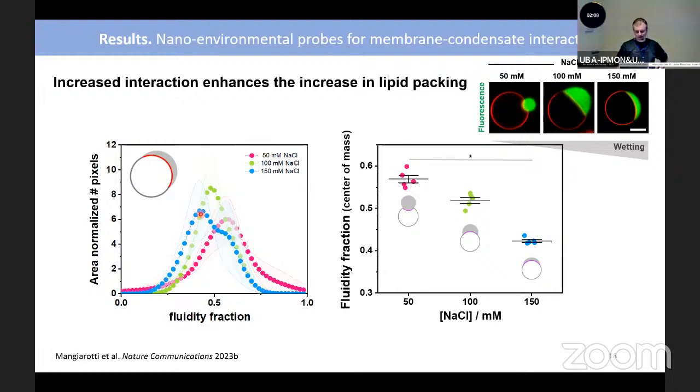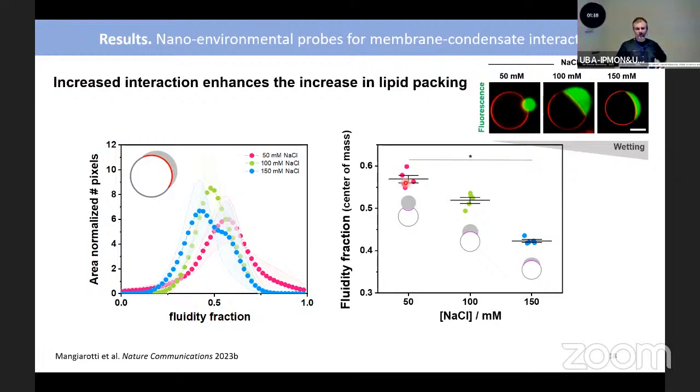We did this several times in this paper, with many controls. We can measure, again, the center of mass of this distribution, and you can immediately notice that as soon as we increase the concentration of sodium chloride, it also changed the fluidity fraction of the membrane. So the membrane gets more and more ordered in this region where the condensate is sticking to the membrane.